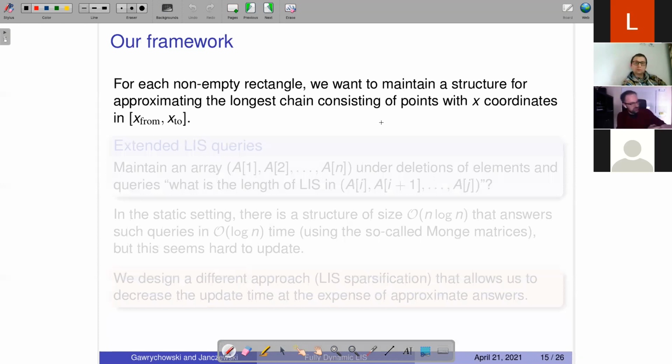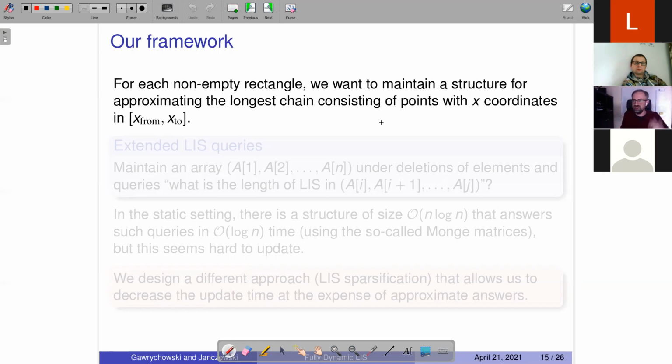So what do we want to maintain for each such rectangle? We would like to maintain a structure for approximating the longest chain in the rectangle, but for extended queries. We are in the rectangle, we want to specify 2 x coordinates, and we want to get an approximation of the longest chain consisting of points in this rectangle with x coordinates in this range.